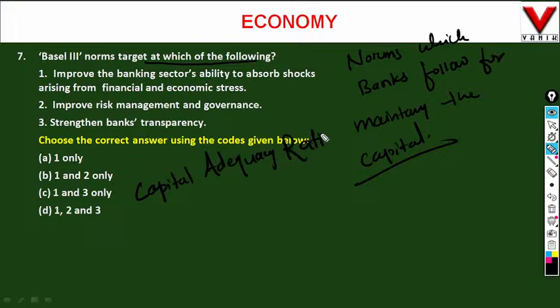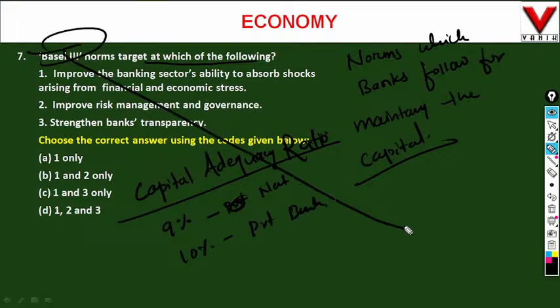The CAR should be greater than 9% for nationalized banks and 10% for private banks. The Basel III norms say that for other countries it should be 8%, but this 9% and 10% is set by RBI.